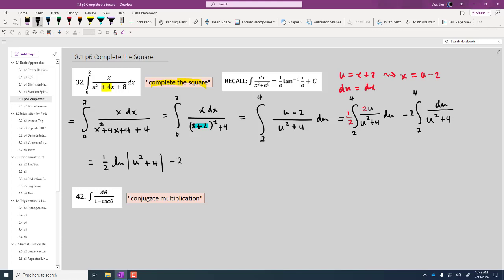So we have the negative 2 out in front, and then we have a 1 over a, so that's going to be a 1 over 2. And then we have inverse tangent of u divided by 2, and then our limits of integration are 2 and 4.